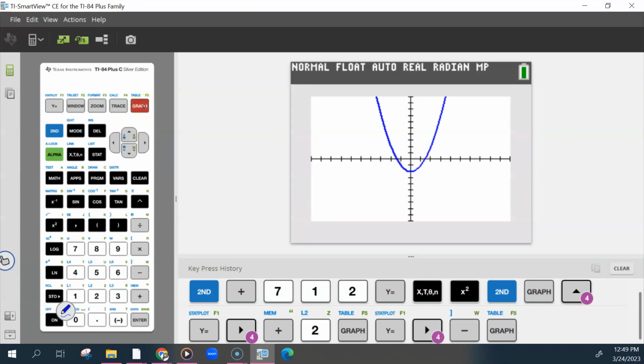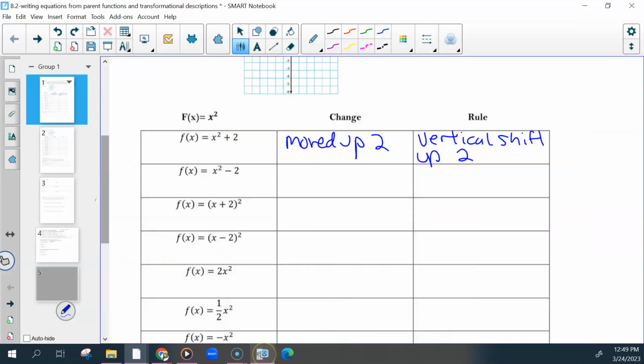But it did indeed move down 2. So then that would be the opposite, vertical shift down 2. So make sure you're writing this down.